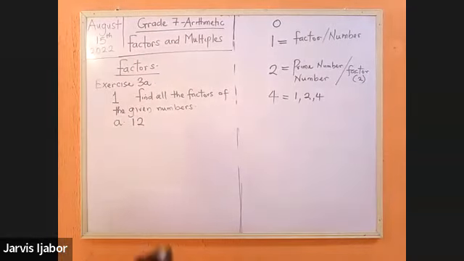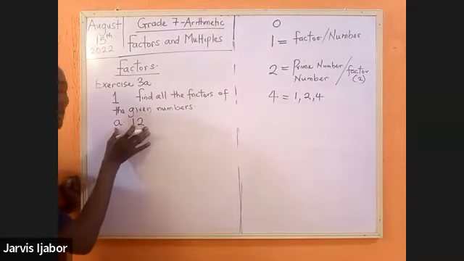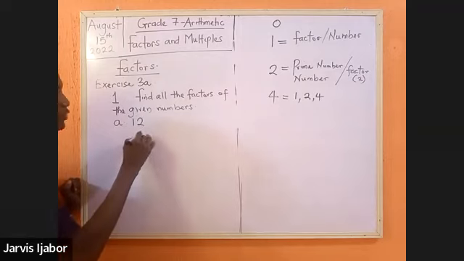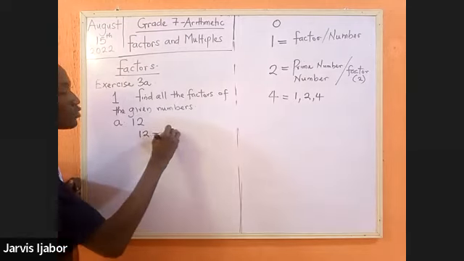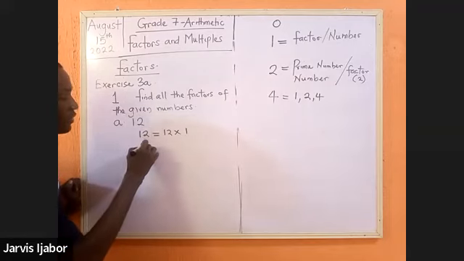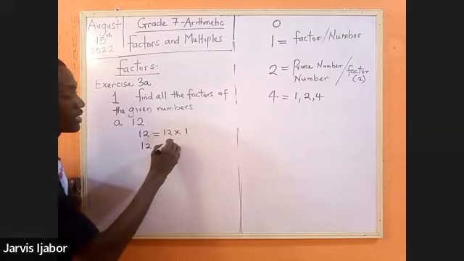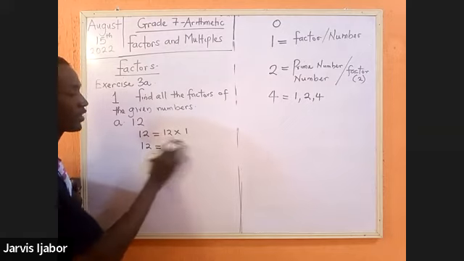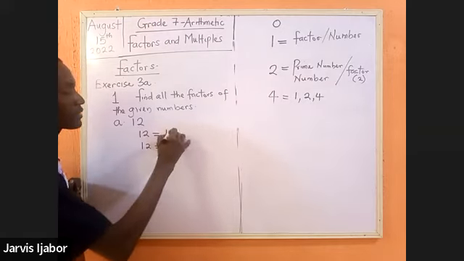Okay, so let's look for the factors of 12. Now, we can say that 12 is what? 12 times 1. 12 can also be, let's flip it the other way, 1 times 12.